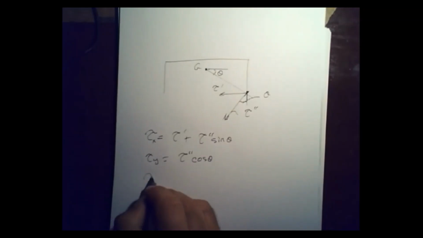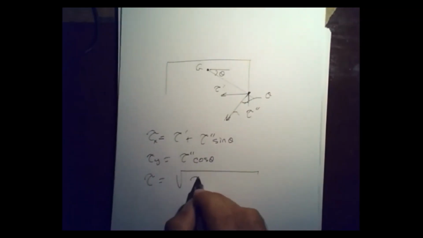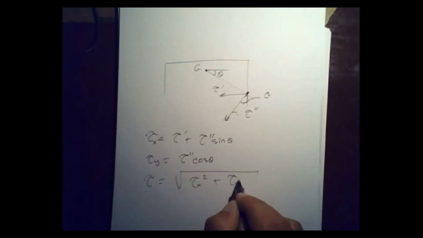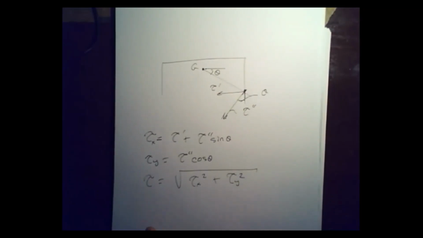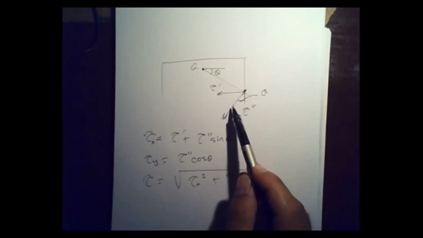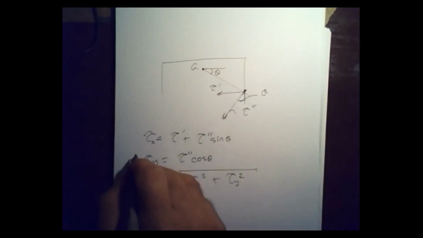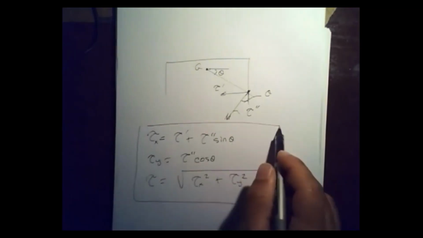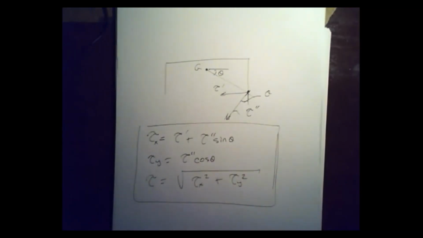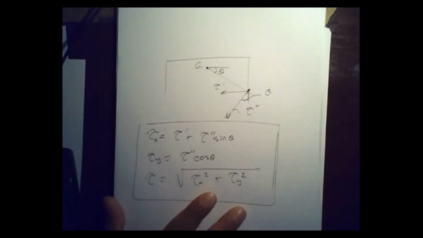So in that case, tau is equal to the square root of tau x squared plus tau y squared. This is the easiest way of calculating the total shear: you decompose this into x and y, and this one, in this case, is in the x direction. This is obviously a general approach for evaluating these.